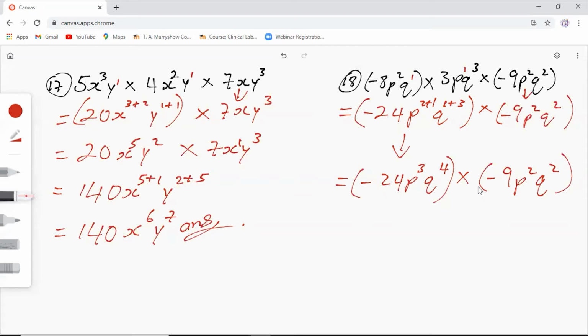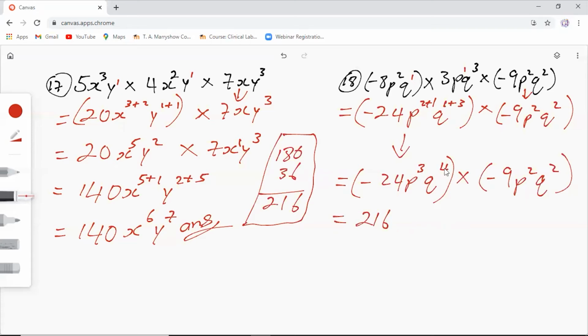Now negative 24 times negative 9, so let me see, 9 2's are 18, that's 180, 9 4's are 36, so 180 plus 36, that's 216. Yeah, 216. Good. That's positive 216.